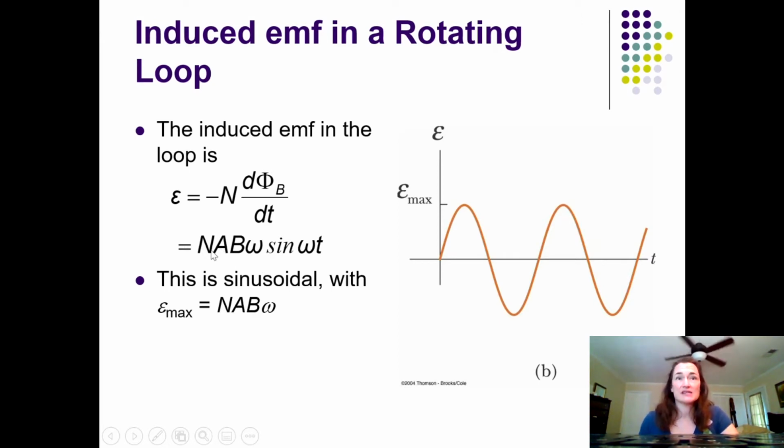To remind you yet again, N is the number of turns, A is the area of the loop, which doesn't change, only the angle between the loop and the magnetic field changes, not the magnitude of the area itself. B is the magnetic field, whatever that might be, and omega is equal to 2 pi times f, where f is the frequency of the rotation. Now, of course, this is a sinusoidal function. The max of the sinusoidal function will be when sine goes to 1, and that gives us NAB omega. Okay? So, this gives us an AC induced EMF, or an induced current.